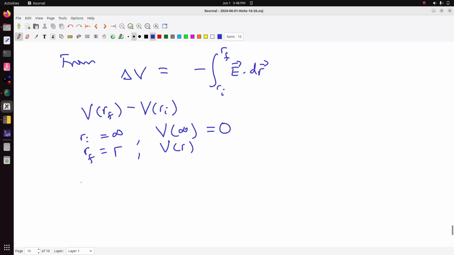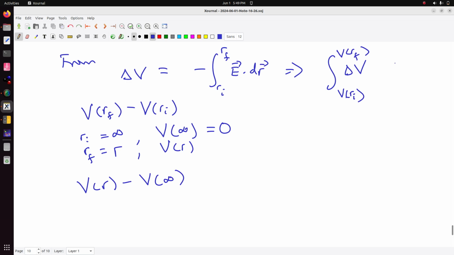So in that case, if you integrate dV from V1, which is V of Ri, up to V of Rf, we have V of R minus V of infinity.